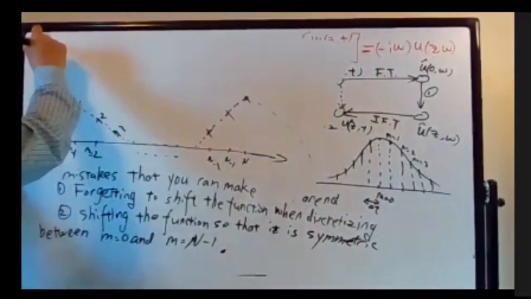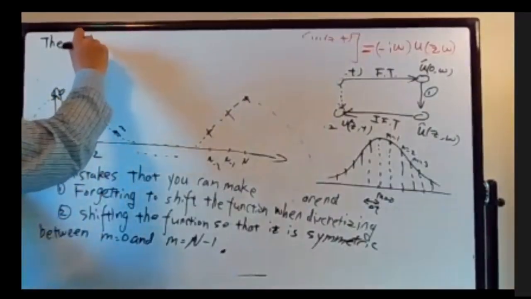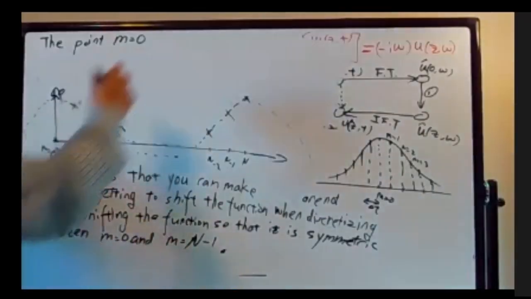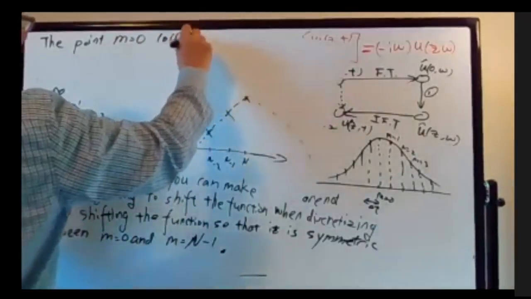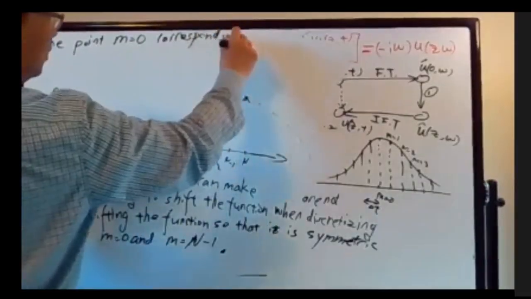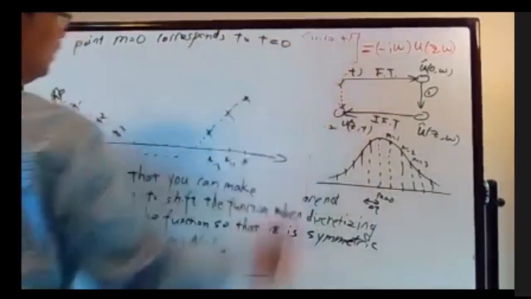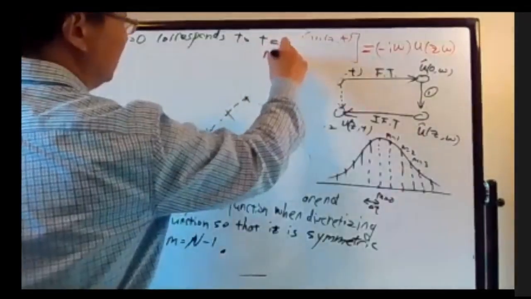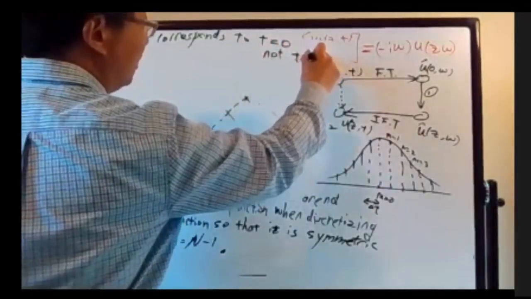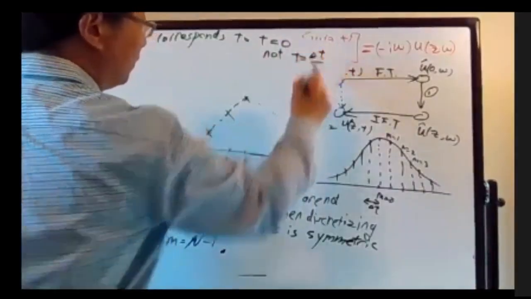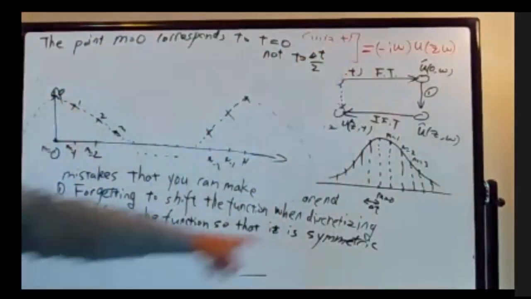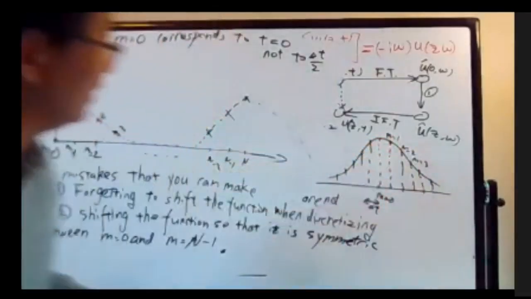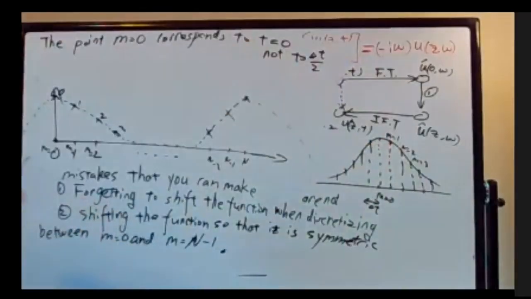The point M equal to 0 corresponds to t equal to 0, right? Not t equal to half delta t. So here, the maximum number is right here. So it is not at half delta t, it is at 0.